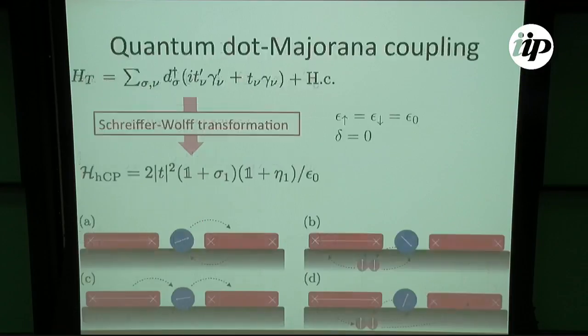So basically, I guess it would depend on how these T's change, and we assume that the Majoranas were coupled equally to up and down. But in general, if you have different T's, it's a strong assumption, and it gives you the simplest result.